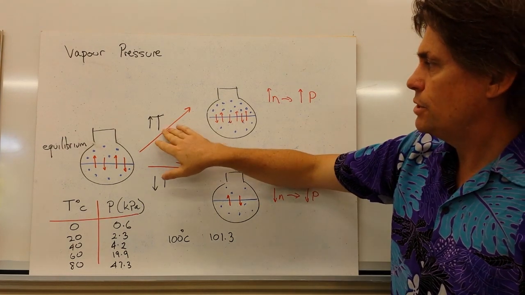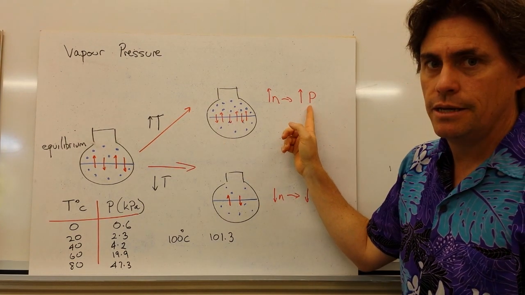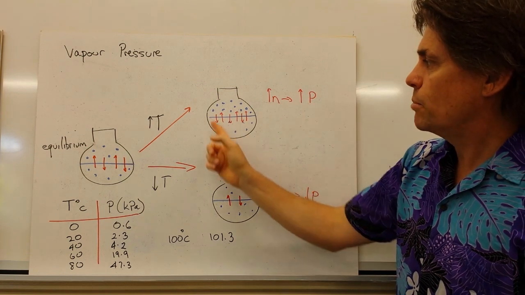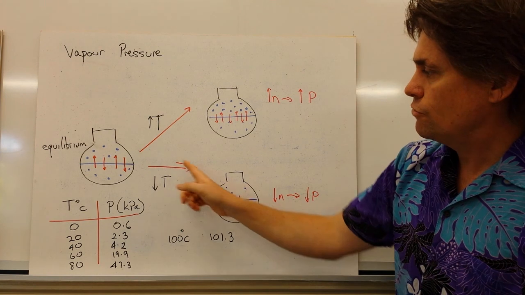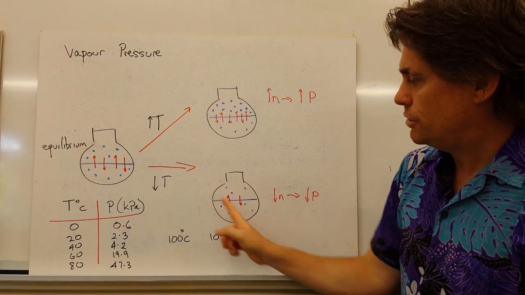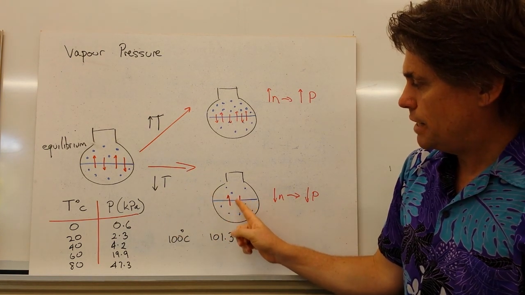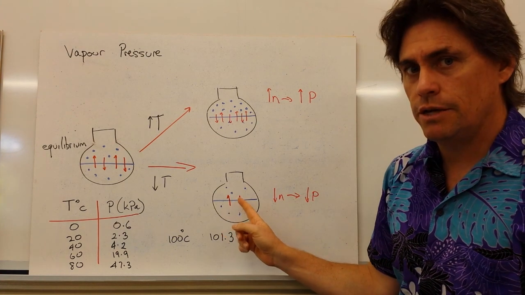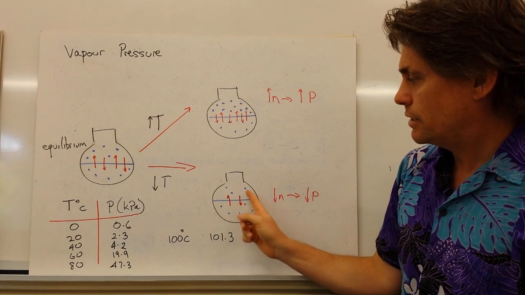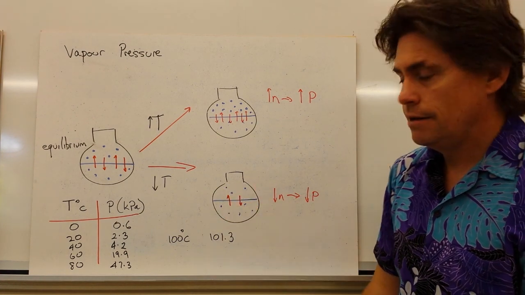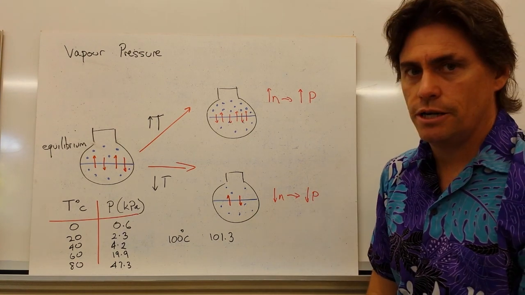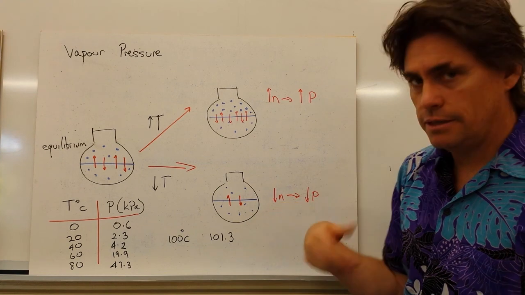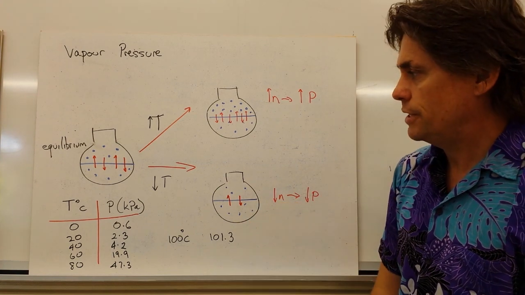So if we increase temperature, we increase the vapour pressure of that liquid in that container. By contrast, if we reduce the temperature, more particles will go into the liquid form because they don't have as much energy. So we have fewer particles in the vapour form, which leads to a lowering in pressure. Fewer particles, less force, less pressure.